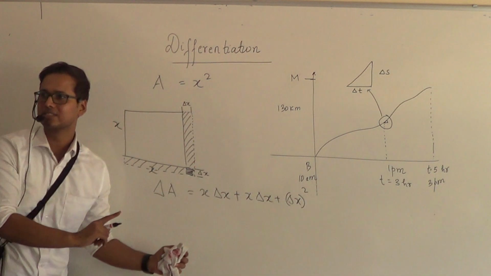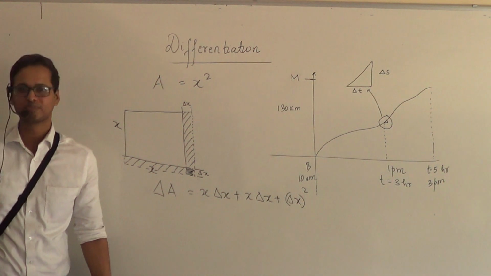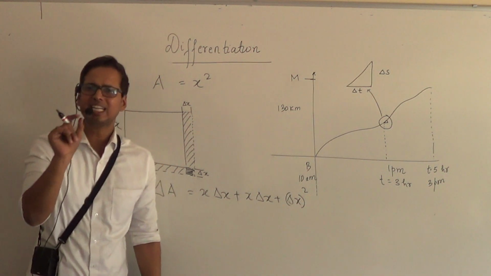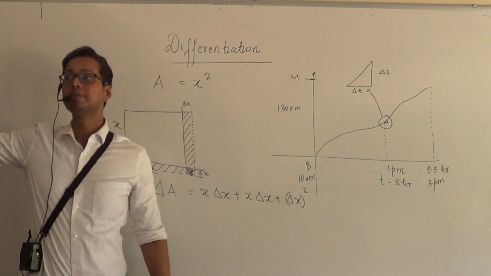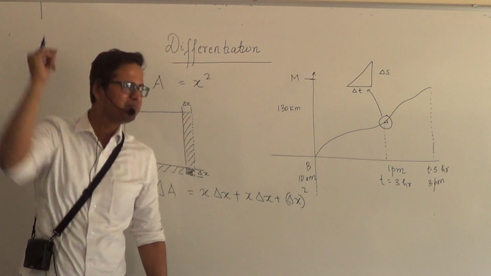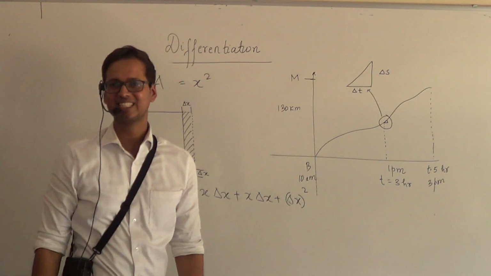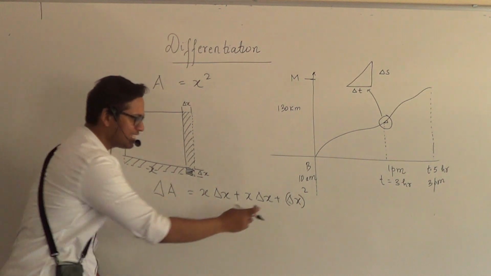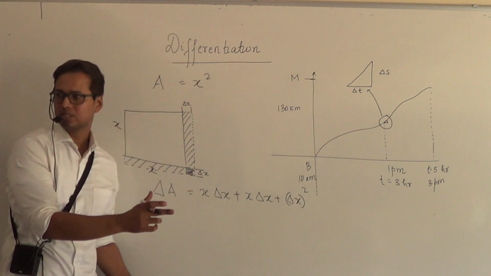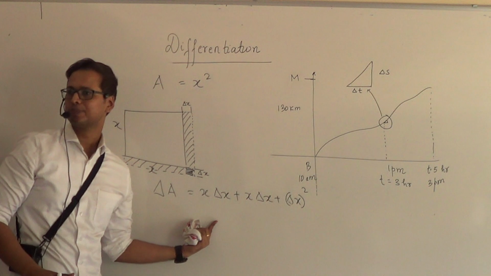All of you agree with this? Now, because delta x itself is a very small quantity, its square will be an extremely small, infinitesimal quantity. So can I say this quantity can be ignored vis-a-vis these two quantities?